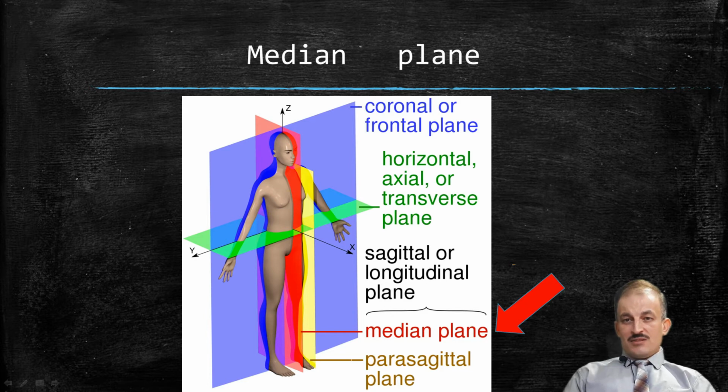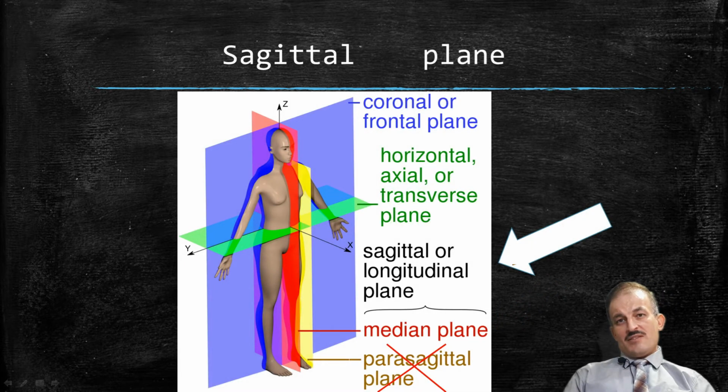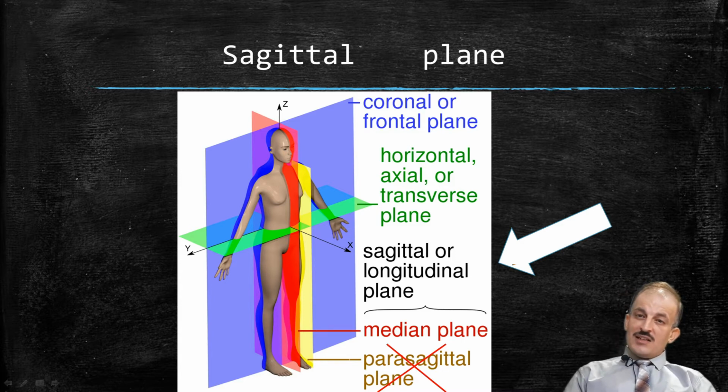The second important one is the sagittal plane, which comes next to the median plane. This is the one with the yellow color. So we have an infinite number of sagittal planes, but we have only one median plane.